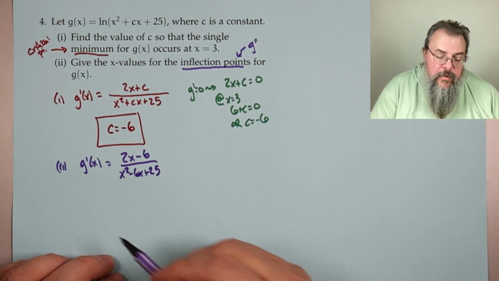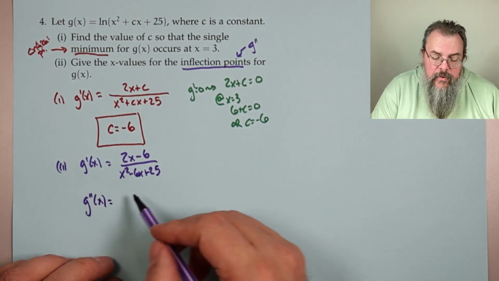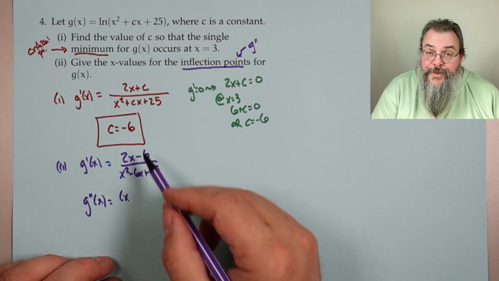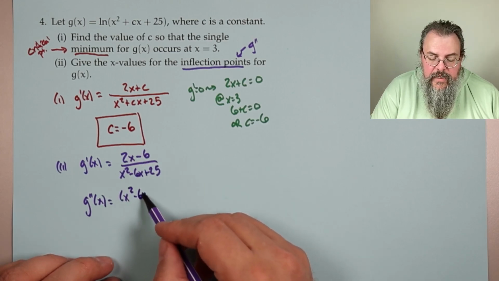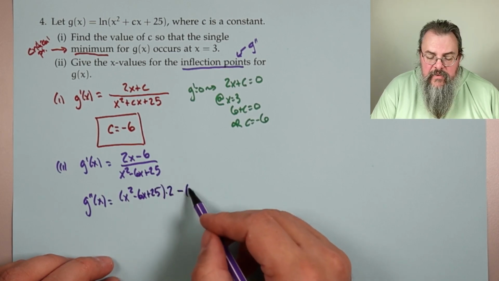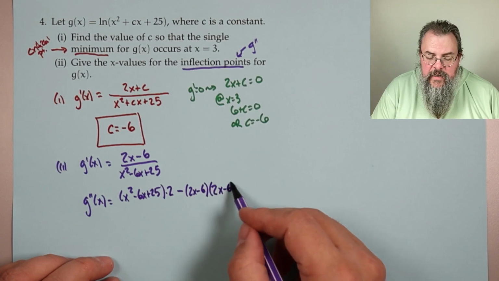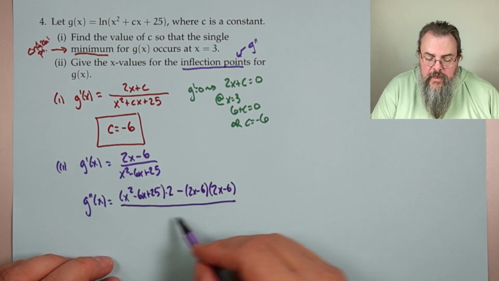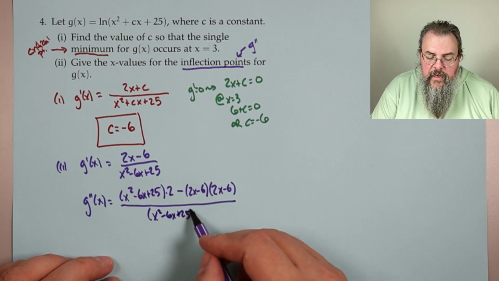And what can we do? We're going to take another derivative. So we're going to use the quotient rule: bottom times the derivative of the top minus the top times the derivative of the bottom, all of that over the bottom term, quantity squared.